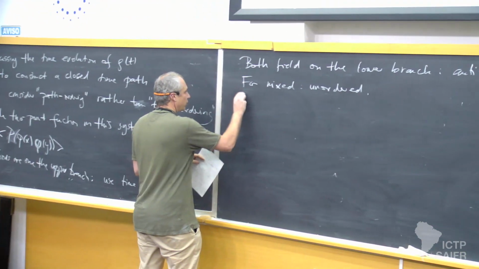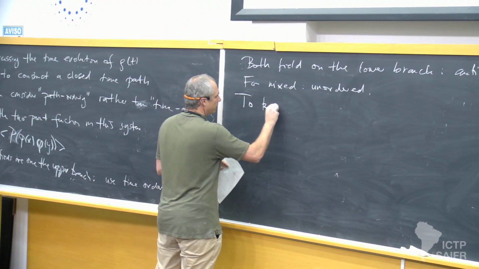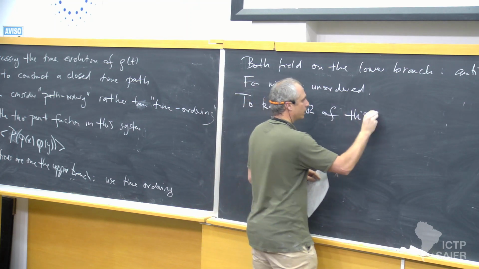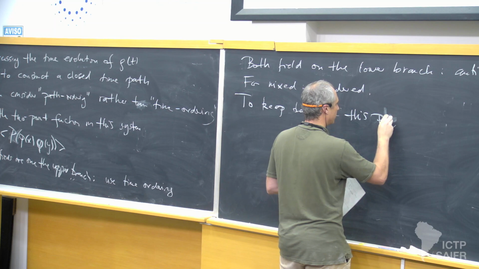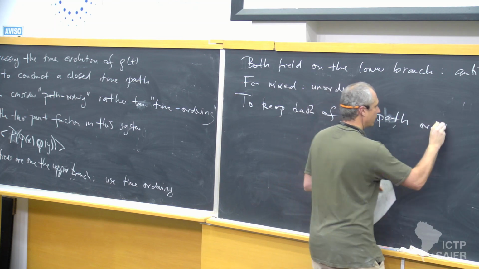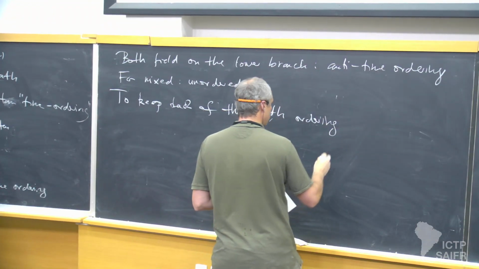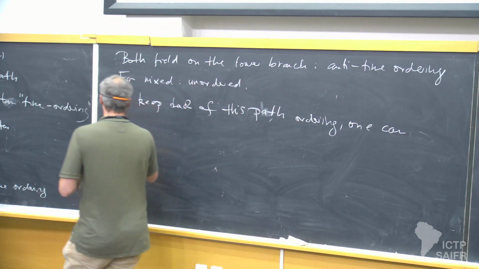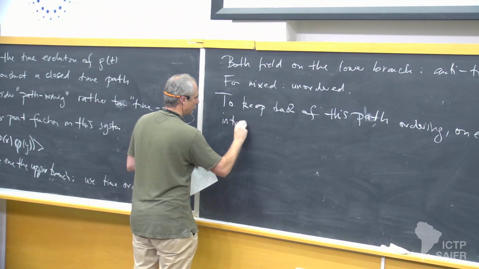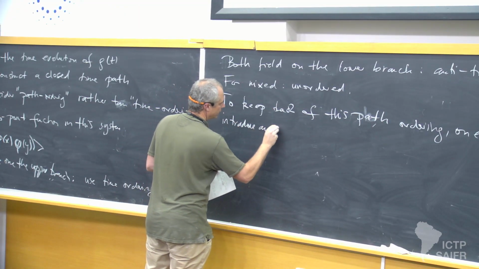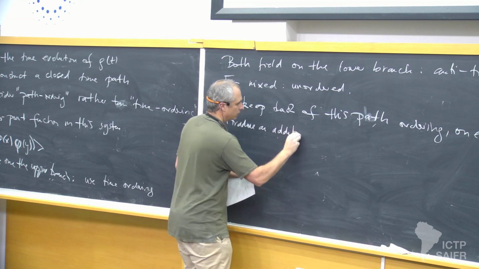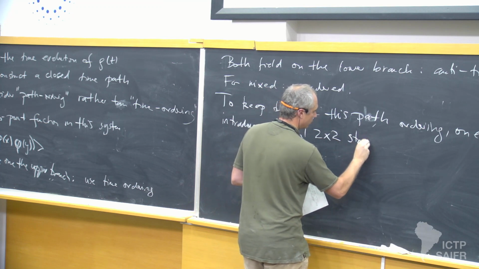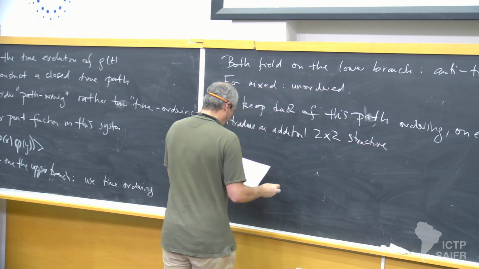So to keep track of this path ordering, one can introduce an additional 2x2 structure. So what do I mean by that?